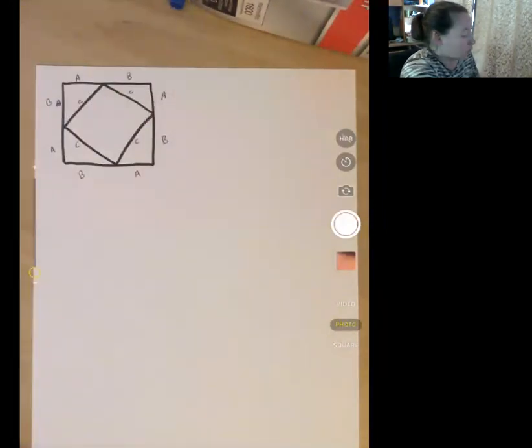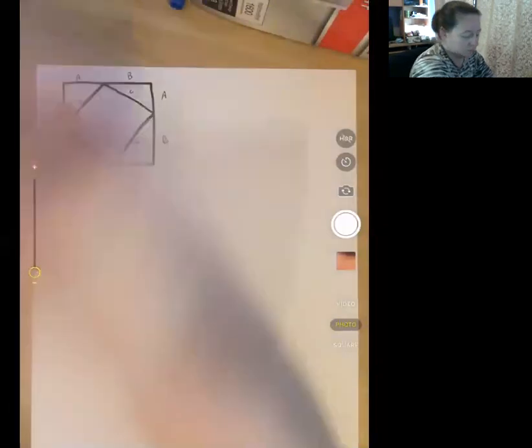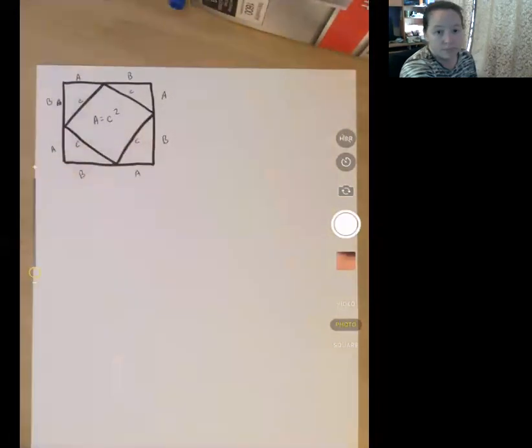All right, so now it wants to know what is the area of this unshaded square? Well, it's C, length, times width, which is also C. So area equals C squared. Do you see how I got there? Area equals C squared.